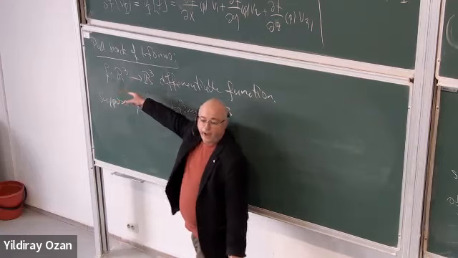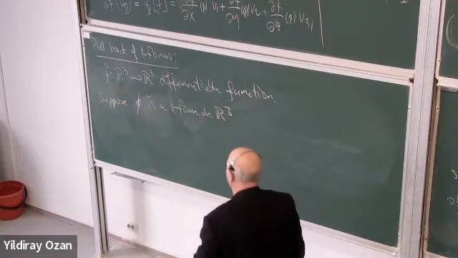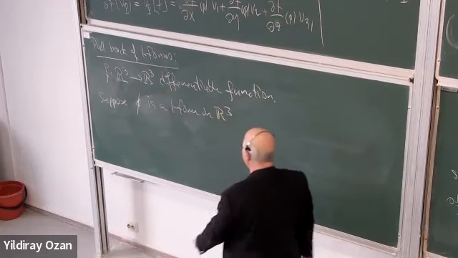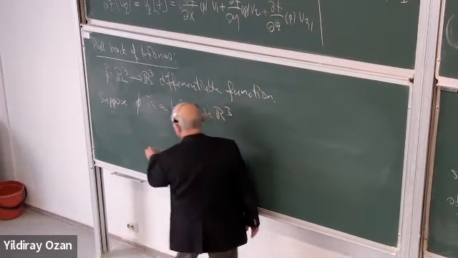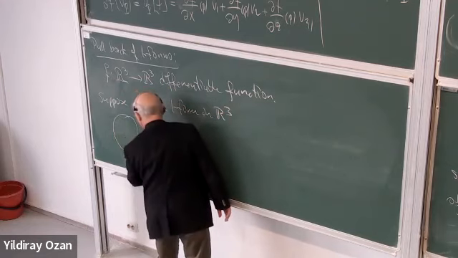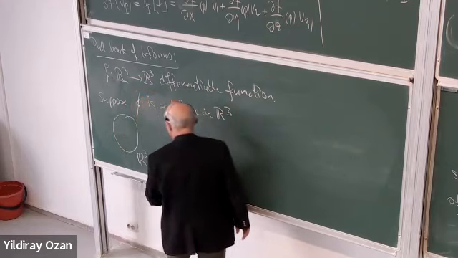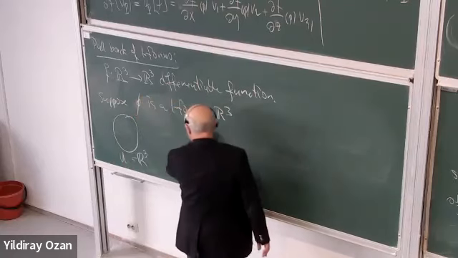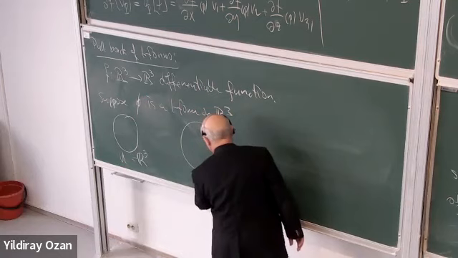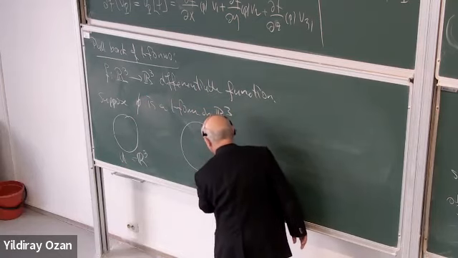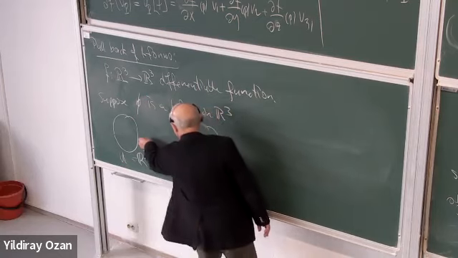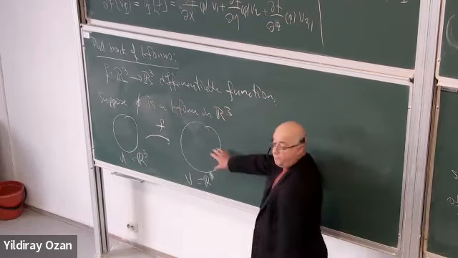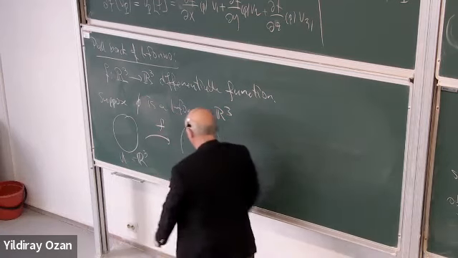I want to pull it back to the other R3. How? If you want, call this U, and they don't have to be the whole R3. They can be just some open sets. And I have a function here, F. And I have a one form here. I want to pull it back.